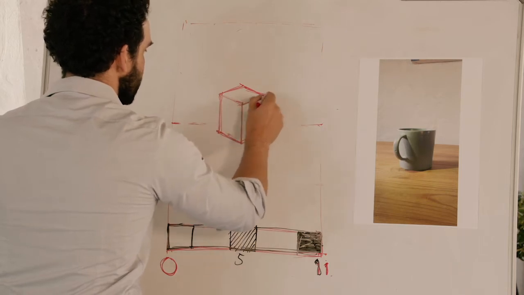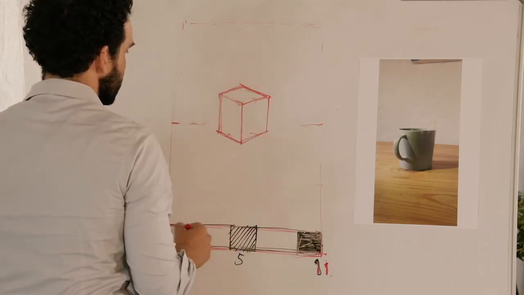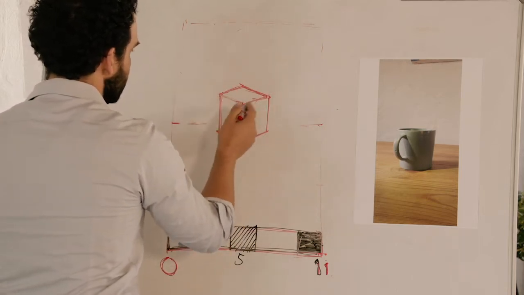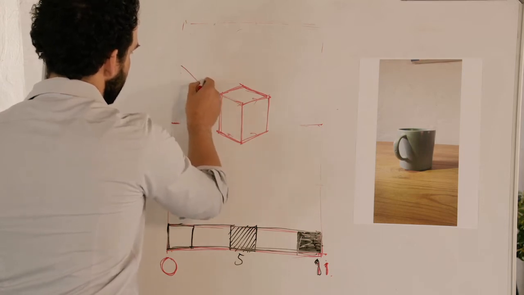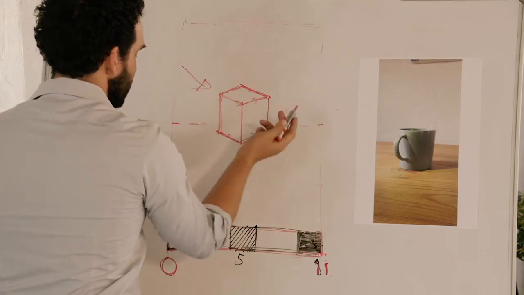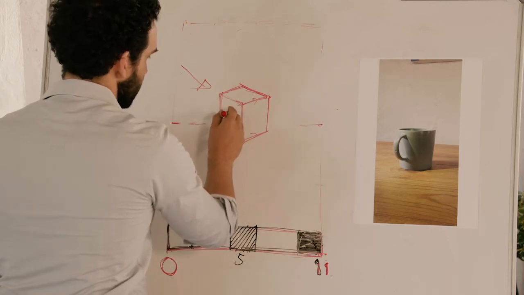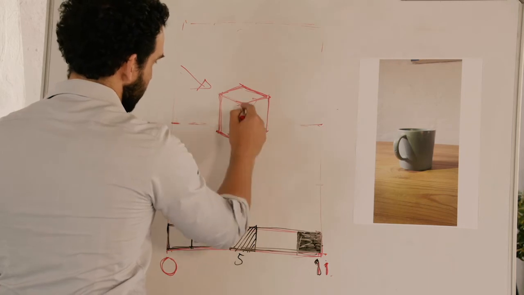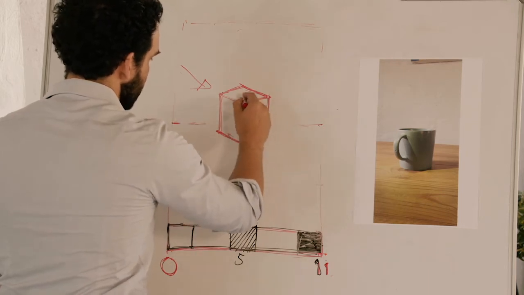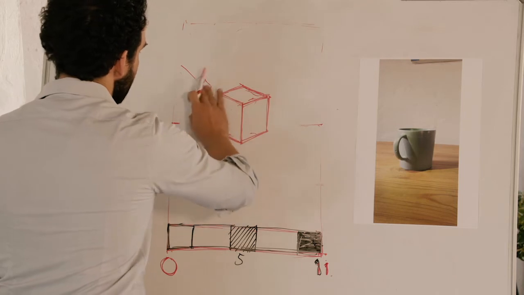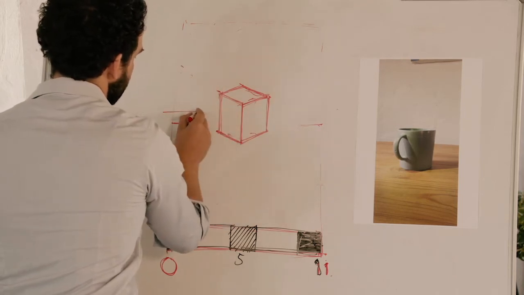Light also plays differently on this. So let's say your light is coming from here. It's a bit easier now. So we can say that this square will be brighter than this square. Well, this plane. So actually, let's say the light is coming from this direction.